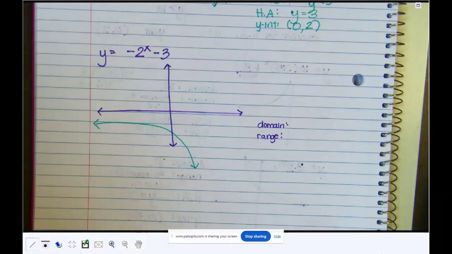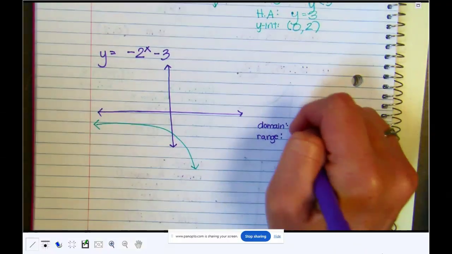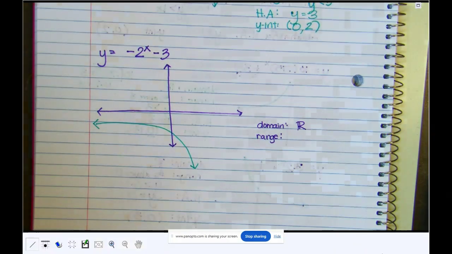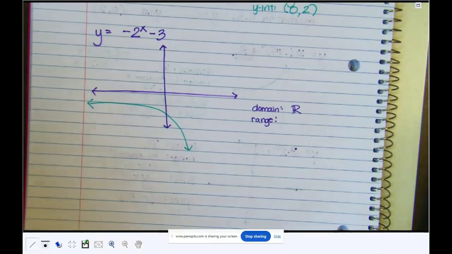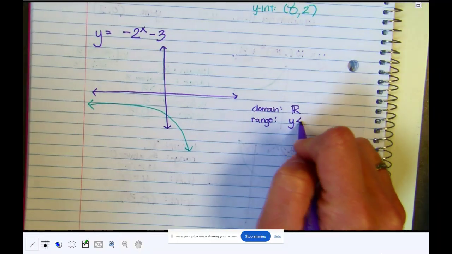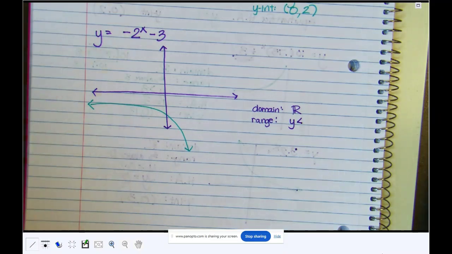Okay, what's the domain? All real numbers, you guys. Always, always, always. What's the range? Y is less than 0. Nope. Y is less than -3.